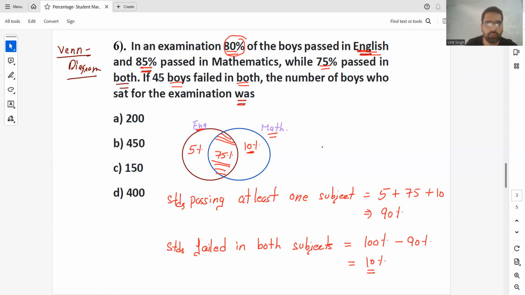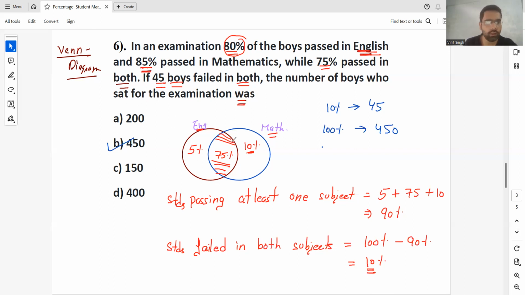Now 45 failed in both, so that means 10%. 10% boys failed in both subjects, which is equal to 45. And we have to find the total number of boys who sat for the examination, meaning 100%, which is equal to 450.